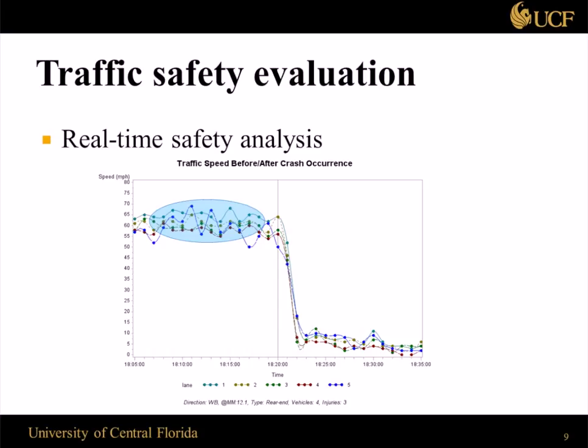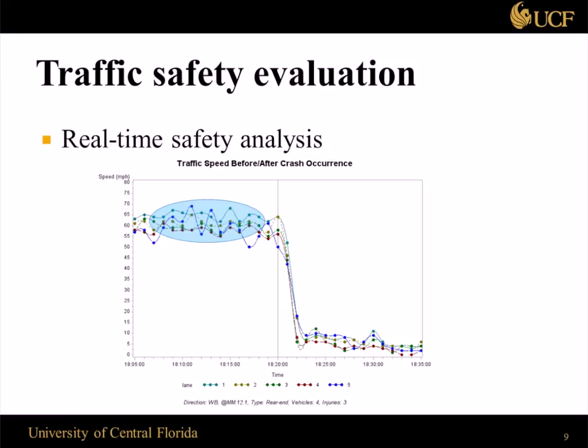In this project, we use a 5-minute interval. That means by obtaining the traffic parameters and then estimating the crash risk, the crash risk in the next 5 minutes can be obtained. This figure gives an example just before the crash occurrence.